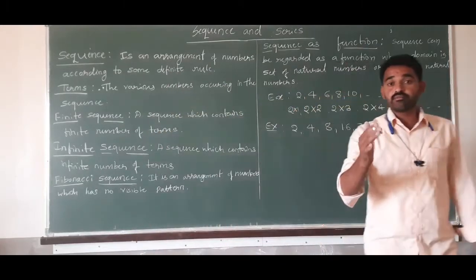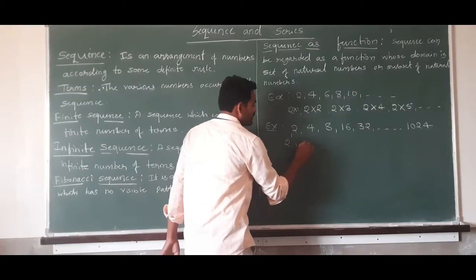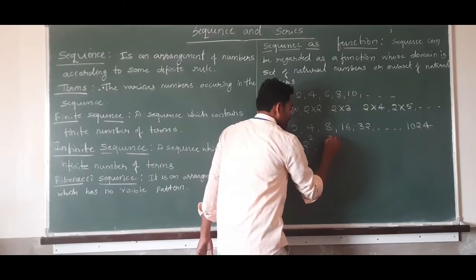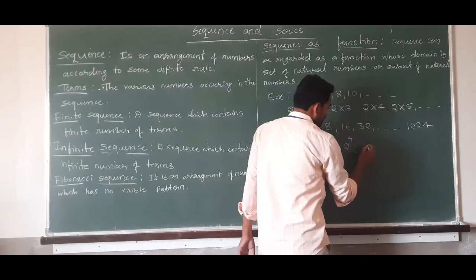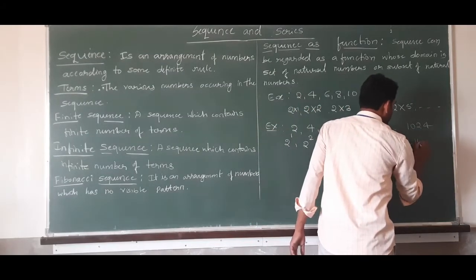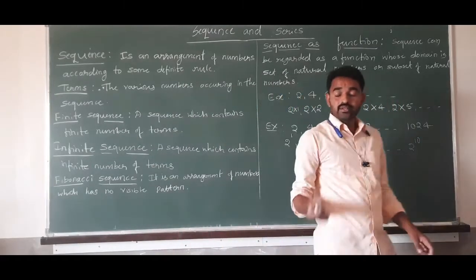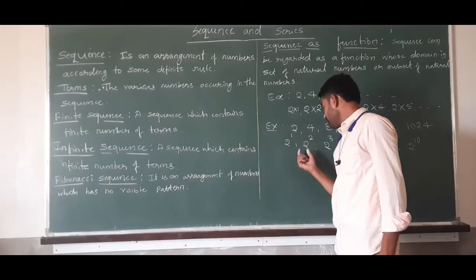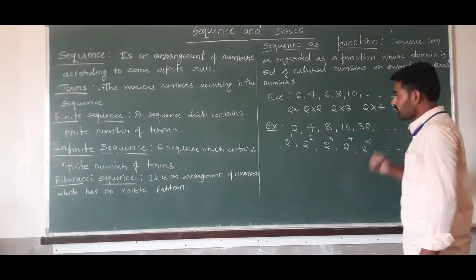It has a particular order: 2 is 2 to the power 1, 4 is 2 to the power 2, 8 is 2 to the power 3, 16 is 2 to the power 4, 32 is 2 to the power 5, and so on, up to 2 to the power 10. This sequence has a particular order: 2 to the power 1, 2 to the power 2, 2 to the power 3, 2 to the power 4 and so on.